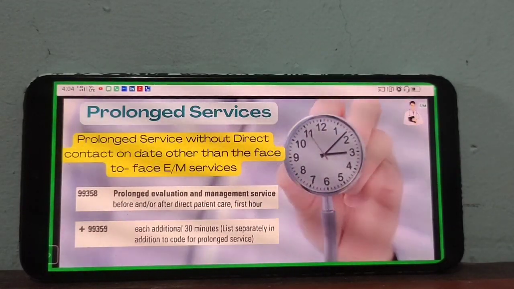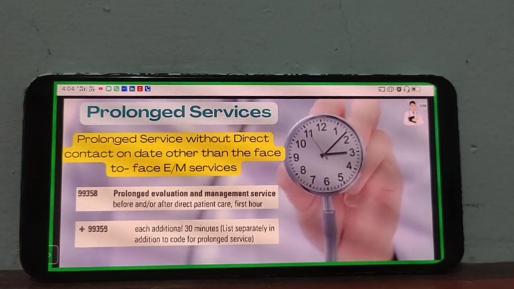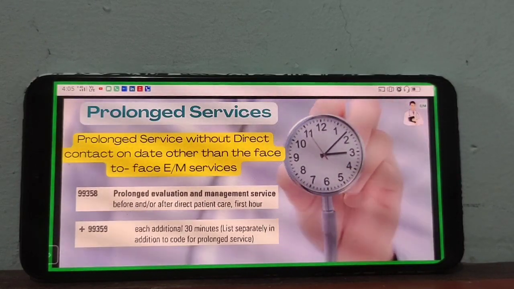Before meeting the patient or after meeting the patient, if a doctor spends extra time, we have to report this code. So this is without direct contact. The doctor did not meet the patient directly. For example, I am a patient.